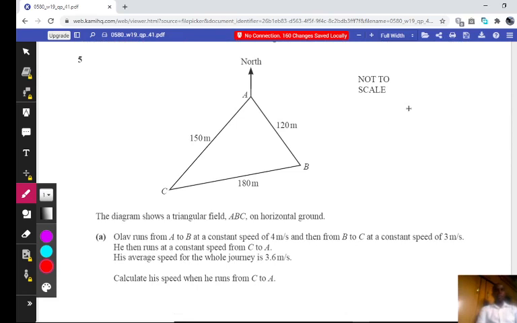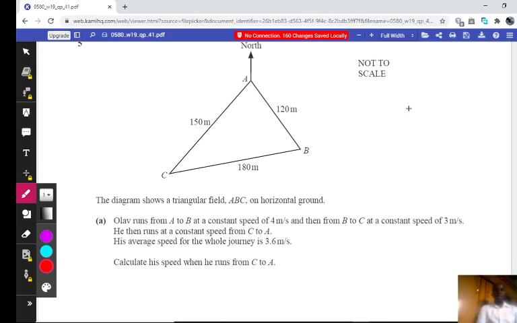Question number 5. The diagram shows a triangular field ABC on horizontal ground. Hans Olaf runs from A to B at a constant speed of 4 meters per second, and then from B to C at a constant speed of 3 meters per second.